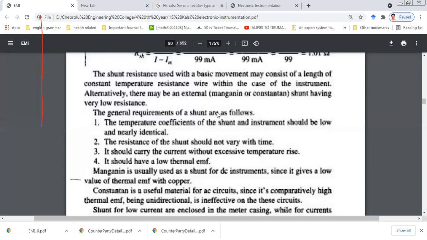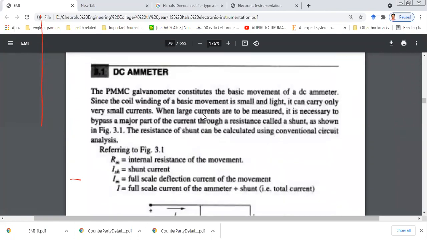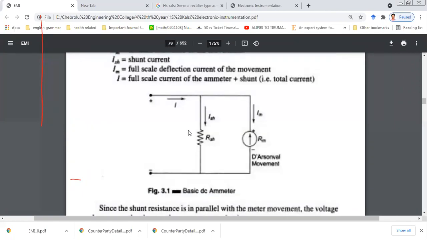Basically, for an ammeter we connect a shunt, and that shunt resistance generally has a low value. With that low value, most of the current passes through it, and the remaining amount of current goes through the meter.